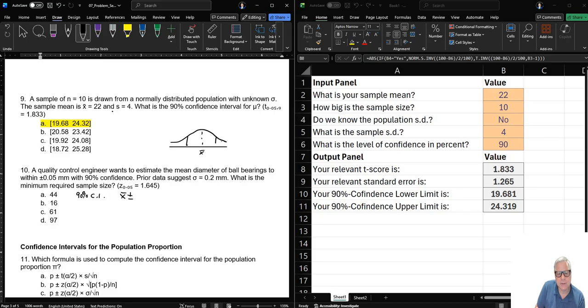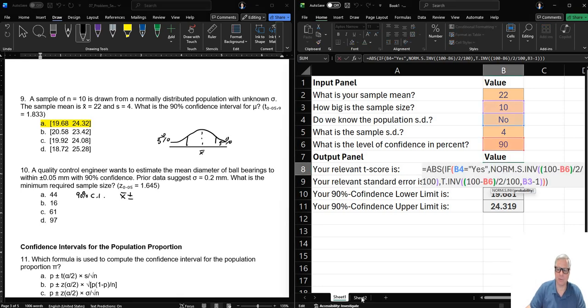That means we have in this pocket 5% and in the left pocket 5%, which is 0.05. So that is 1.645. We can double check quickly.